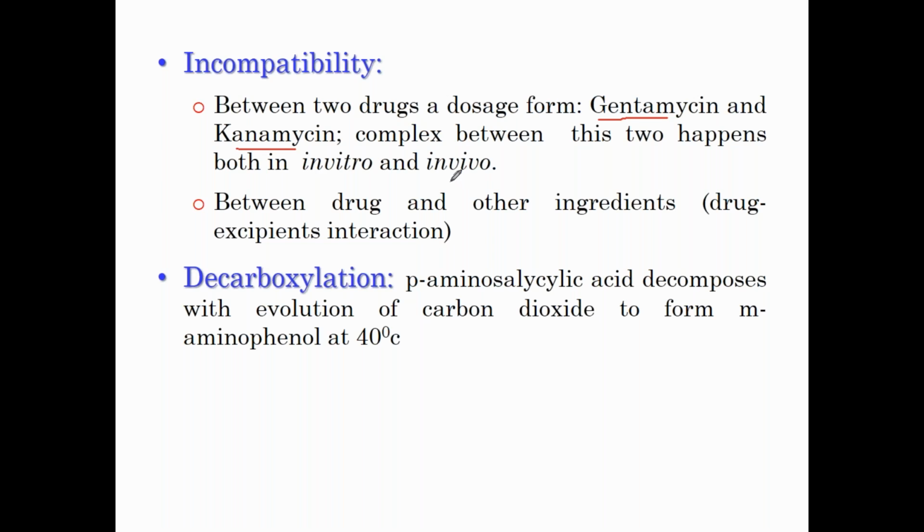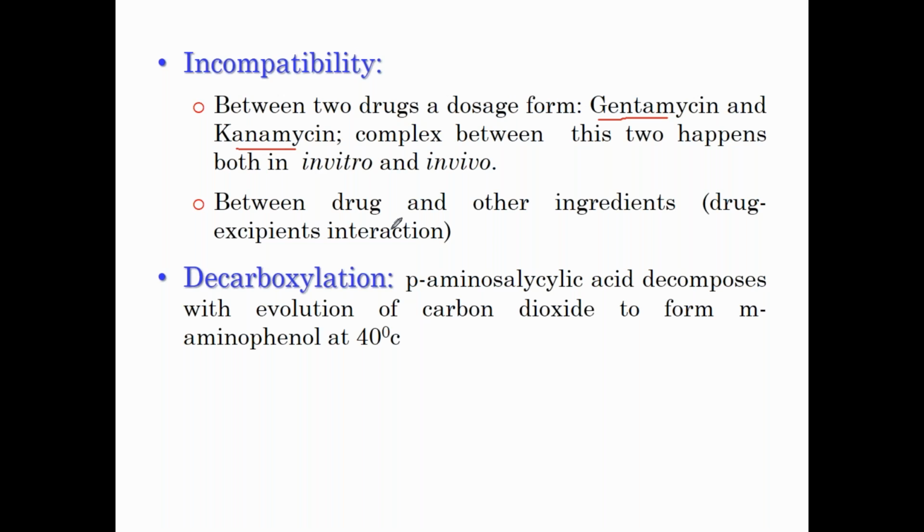So that's about the incompatibility which happens due to two drugs' presence in the same dosage form. It can also happen with other ingredients, which now we are very confident about, because you already completed this topic. Other ingredients means drug-excipient interaction. So chemical instability can also happen because of the interaction between two drug molecules, or between the drug and the excipients.